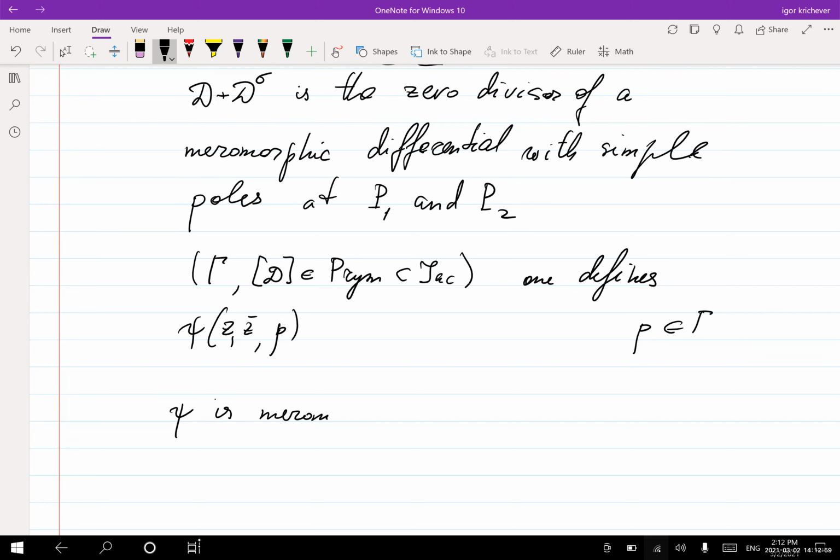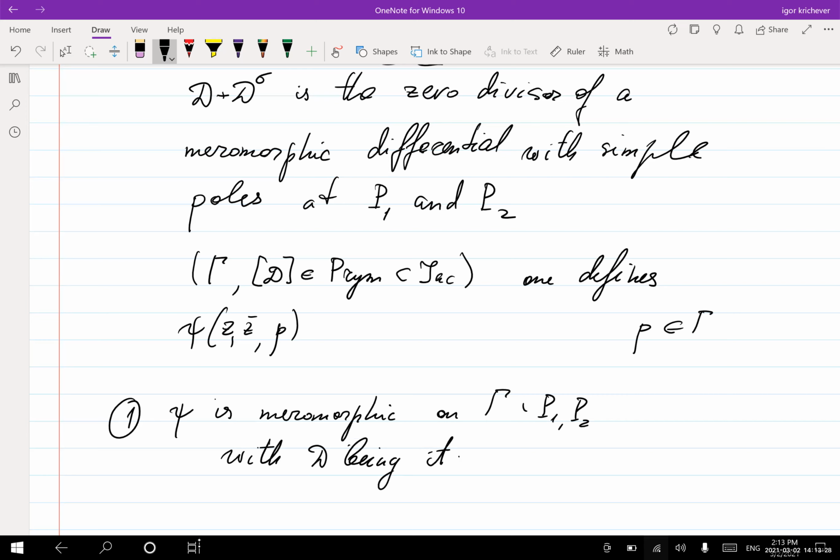It's the usual definition of the Baker-Akhiezer function, meromorphic on Gamma minus the marked points P1, P2 first, with D being its pole divisor.